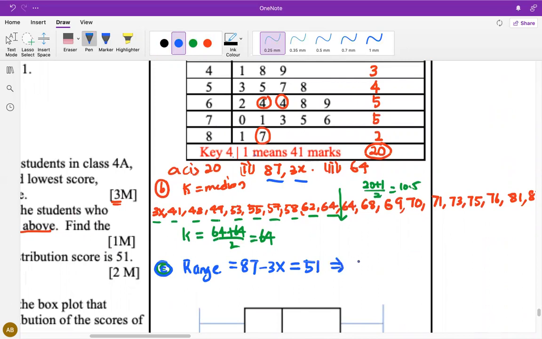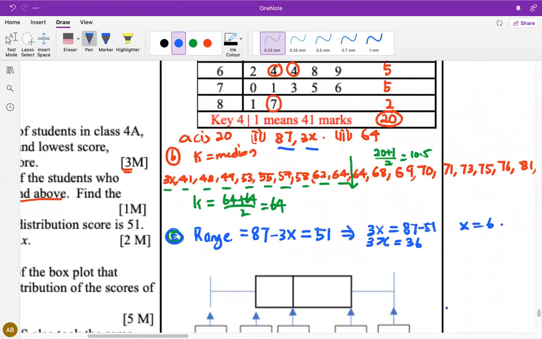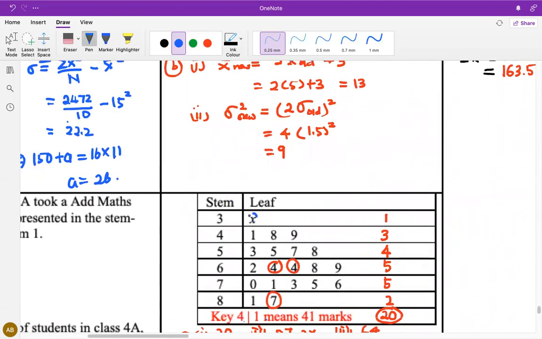If you do that, you get 3X equals 87 minus 51. You get 3X equals 36. Therefore, X is 6. So this means the X here is 6.